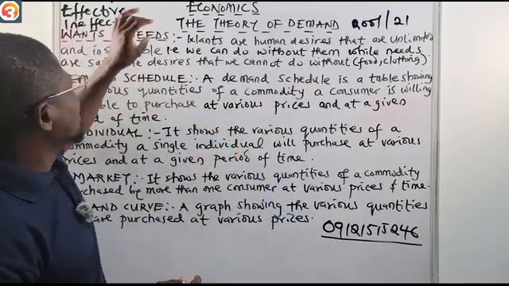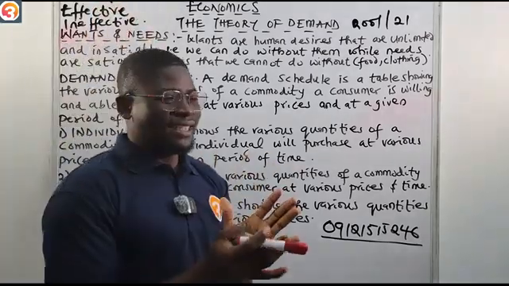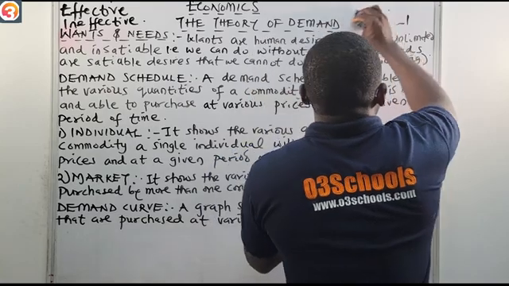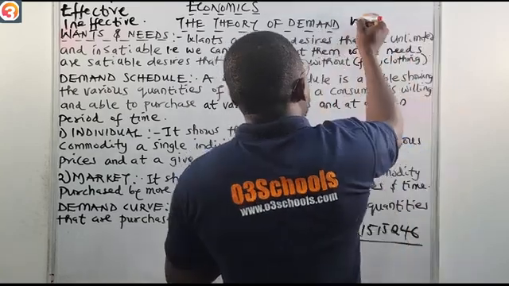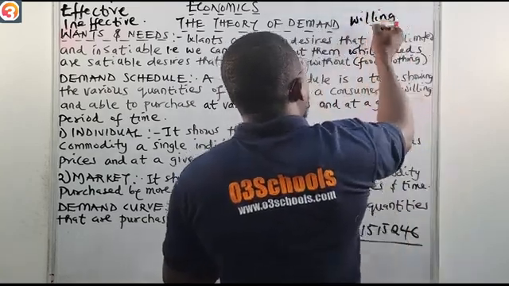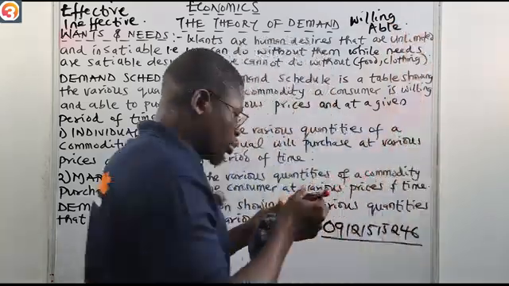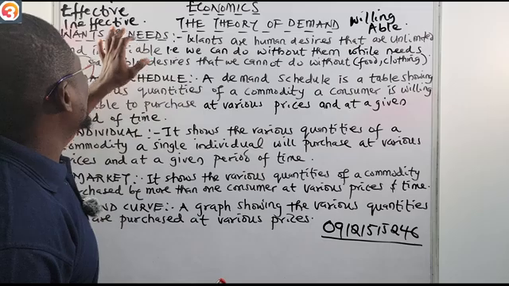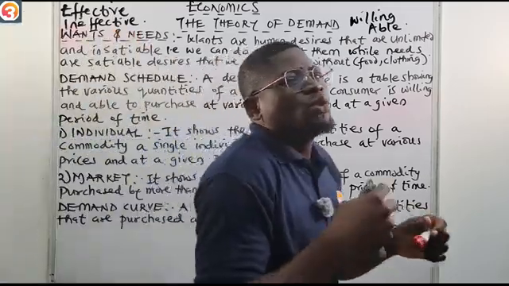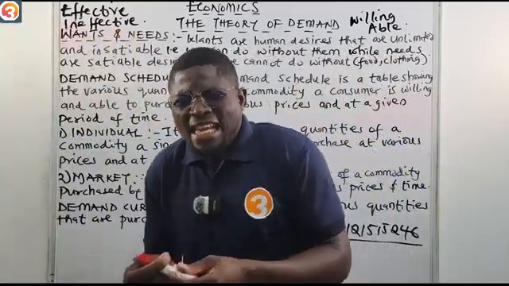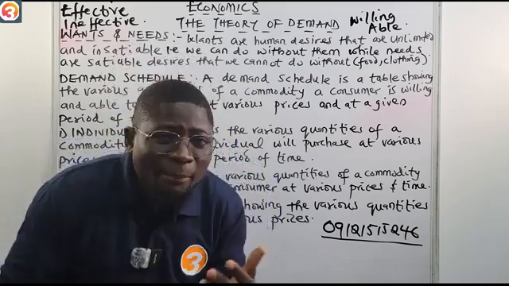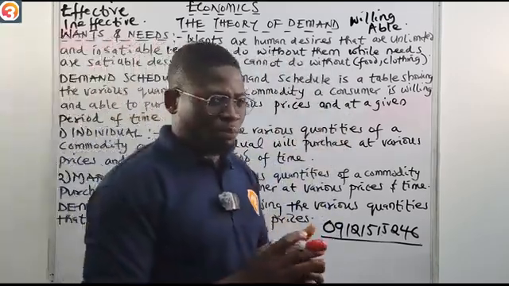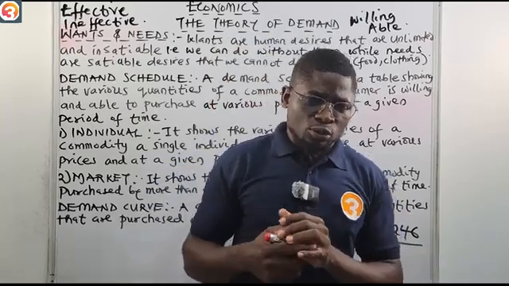So the difference between effective and ineffective demand is that in effective demand, the consumer is willing and then is able to purchase that commodity at a given price. While for ineffective demand, the consumer is willing, but he is not able. He wants to buy, but he cannot. That is what we call ineffective demand. So please take note of those two.